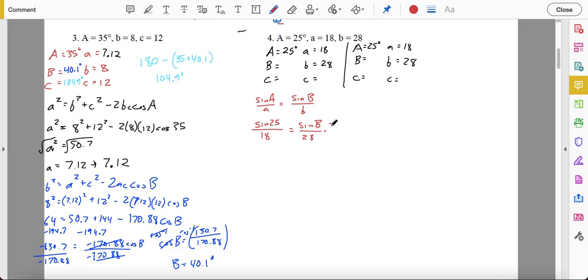We can multiply both sides by 28 to isolate sine B. And then we're going to take the inverse sine of each side to totally isolate B. So we have the inverse sine of 28 sine 25 over 18. So we're going to enter that into our calculator.